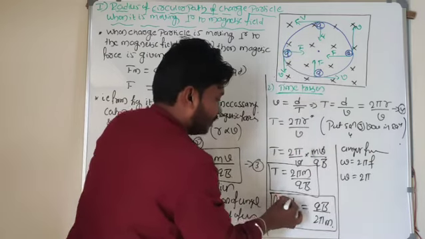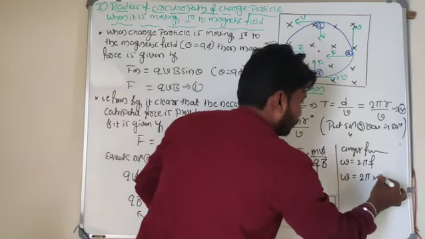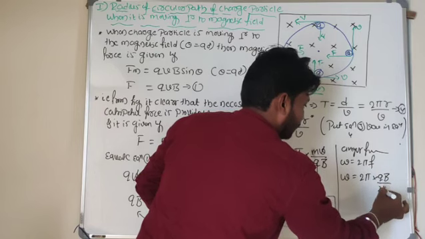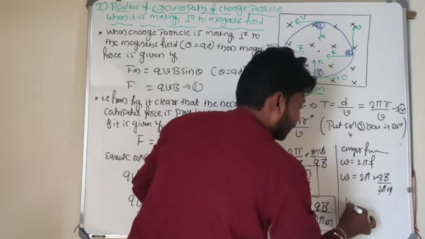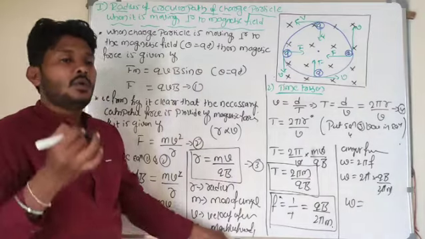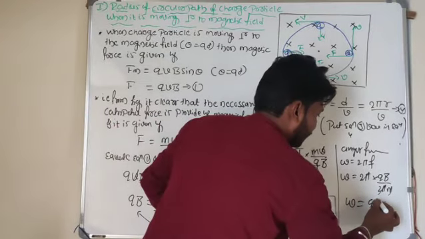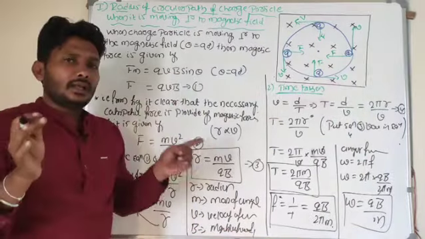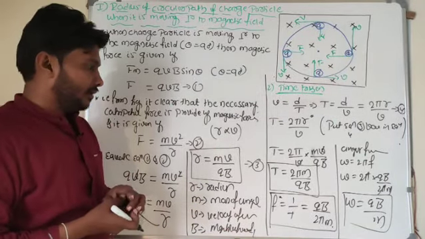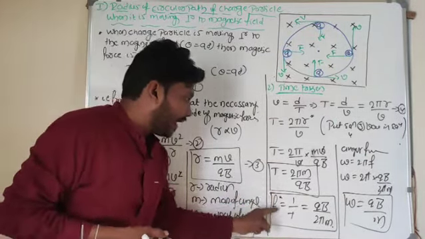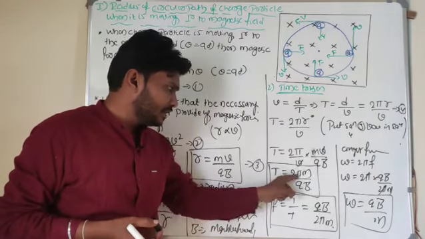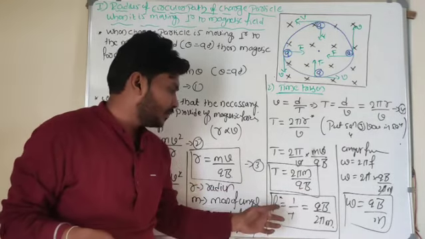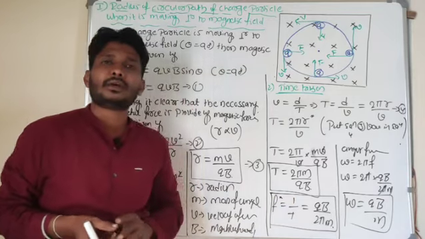Wherever f is there, put q into b divided by 2 pi m. The 2 pi term gets cancelled out, so omega is equal to qb by m. Now it's time to understand the time period and frequency. T is equal to 2 pi m divided by q into b, and frequency is equal to qb divided by 2 pi m.